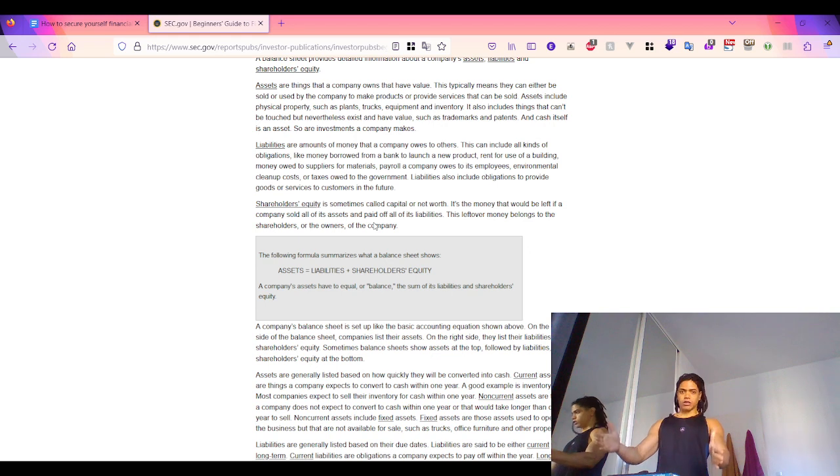Then I look at the income statement. It shows you how much money a company made or spent.